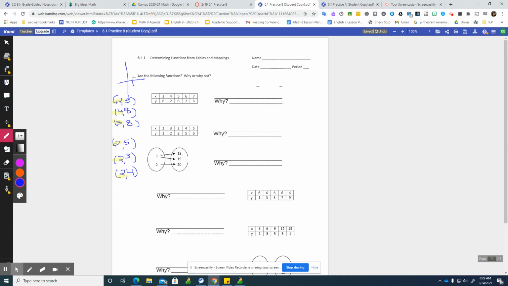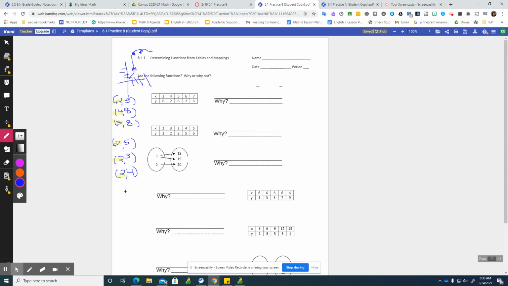If I were to graph this, it would be a point up here, and then a point up here, (4, 8), and then (3, 8). Notice that if I were to have an invisible line at any point, it wouldn't hit 2 points. The line is curvy, so it is not a linear function, but it is still a function.